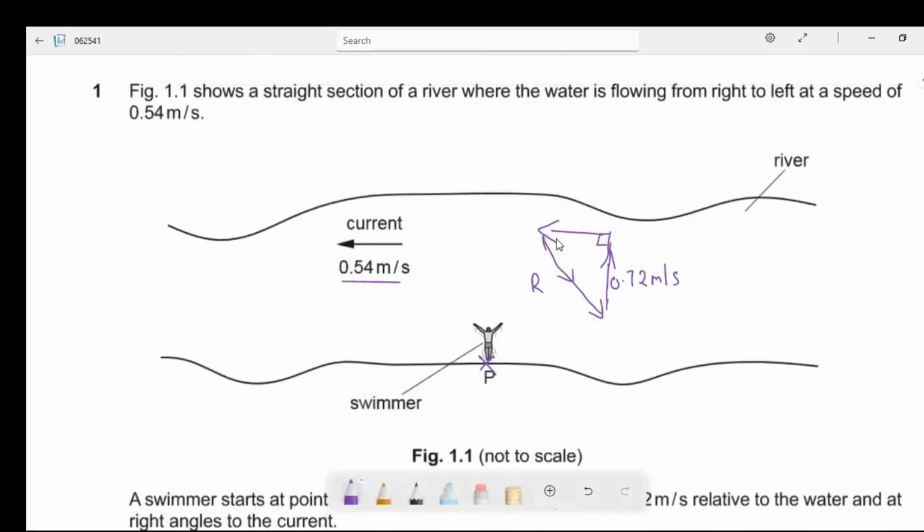So that is the resultant. One side is 0.72 and one side is 0.54. So R squared is equal to 0.54 squared plus 0.72 squared. So R will be equal to the square root of 0.54 squared plus 0.72 squared.